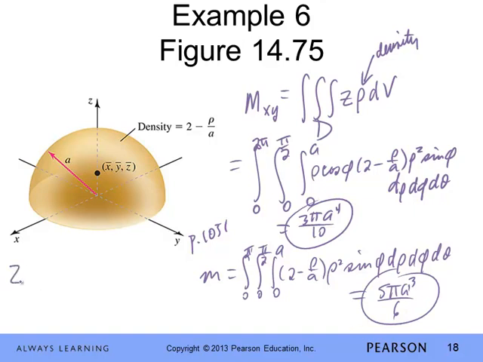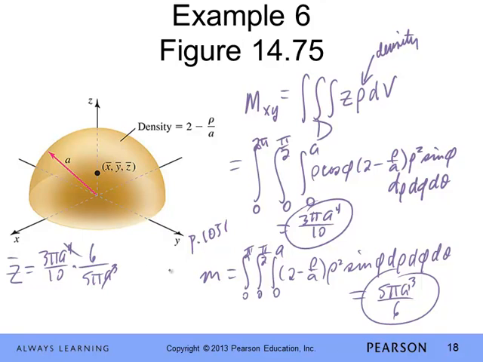So you calculated the moment, calculated the mass, and z bar then is going to be the moment over the mass, which is 3 pi a to the 4th over 10. And dividing by a fraction means that we multiply by the reciprocal. So that means we're going to multiply by 6 over 5 pi a cubed. Of course, a cubes cancel.